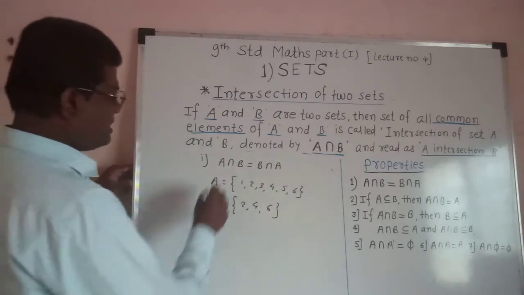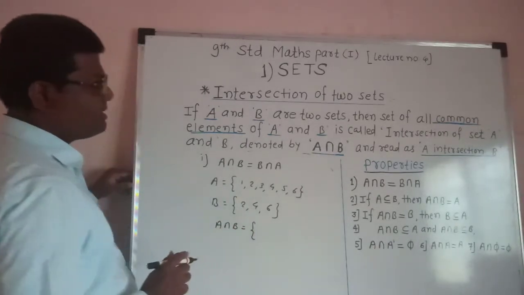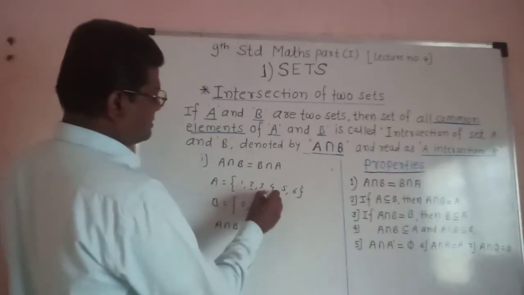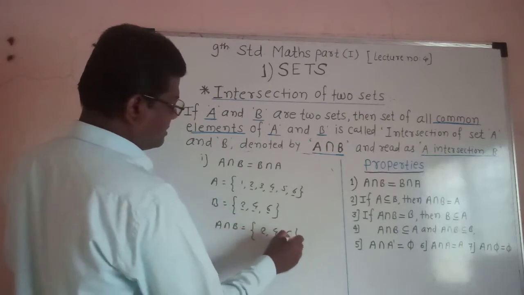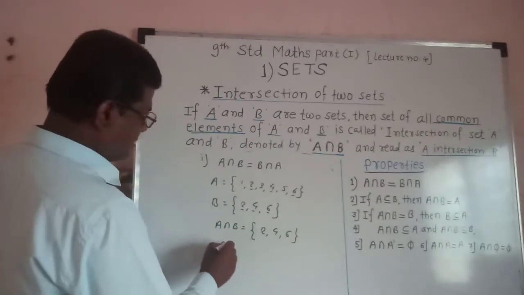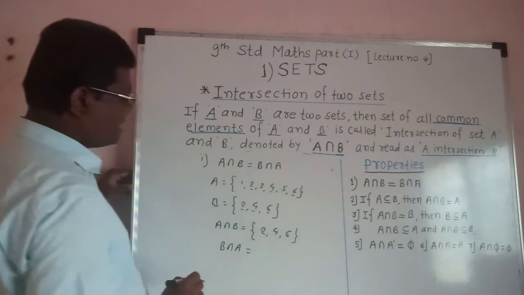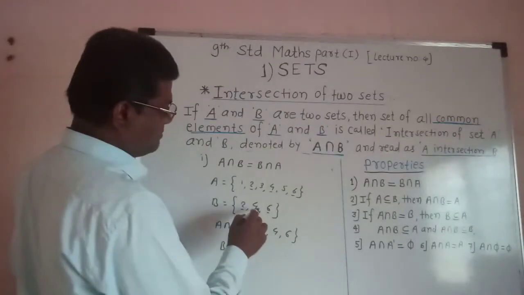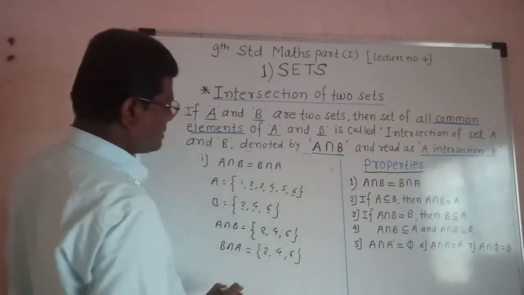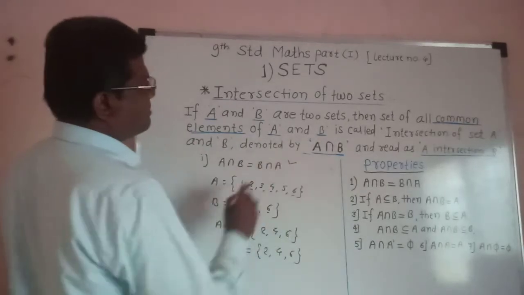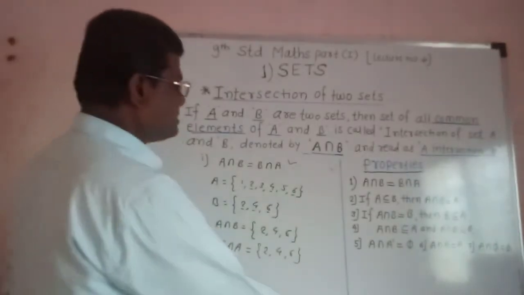Then we have A intersection B. A intersection B is a set of common elements in A and B. That set is 2, 4, 6. Then we write the set of B intersection A. So the common elements in B and A are also 2, 4, 6. From this we can say the first property is A intersection B is equal to B intersection A.